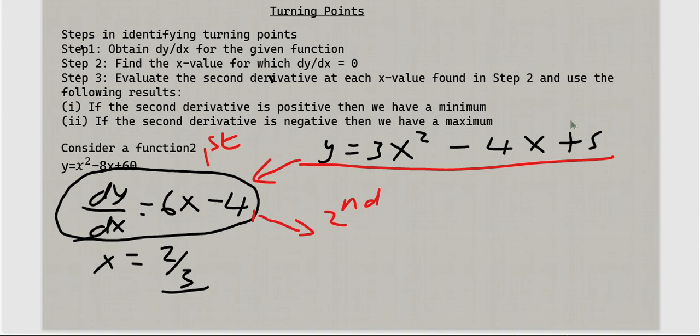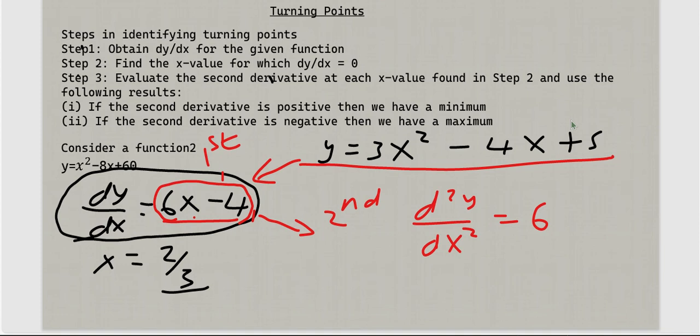The second derivative is denoted by d squared y by dx squared. That's the notation for the second derivative. This one was the first derivative. So now differentiate this one here. What will you get? You're going to get 6 as your second derivative. So now you've gotten 6.